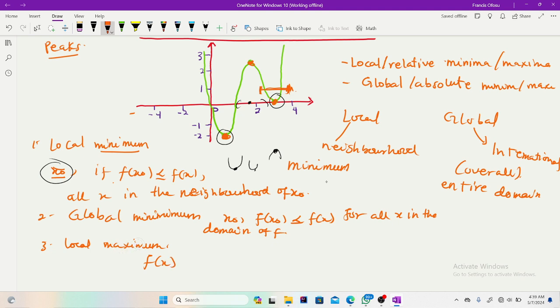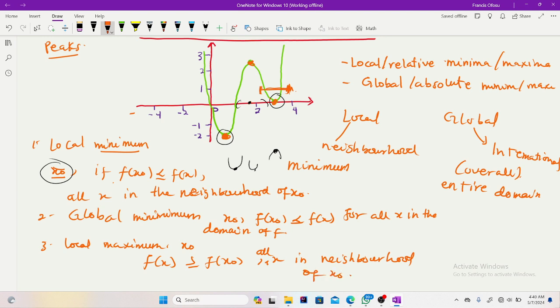So for local maximum, for this one, the points f of x. So if you say that a function has a local maximum at the point x naught, then it means that f of x is always greater than or equal to f of x naught, for all x in the neighborhood of x naught.